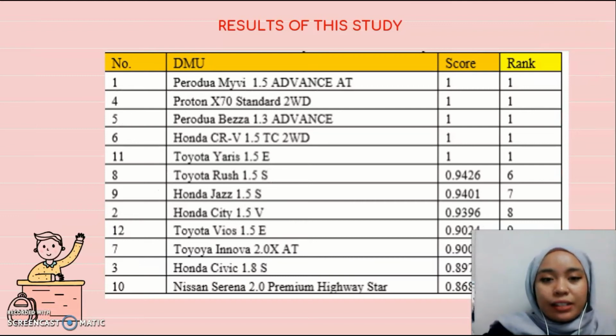So this is the result. There are 5 efficient cars, which are Perodua Myvi, Proton X70, Perodua Bezza, Honda CR-V, and Toyota Yaris, where the rest is not, because the score giving 1 means that it is efficient.